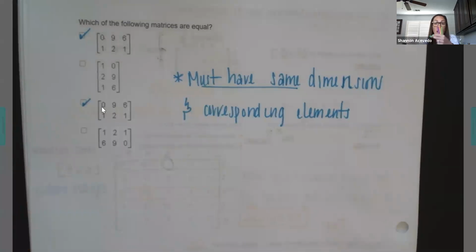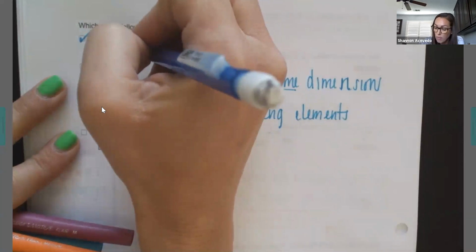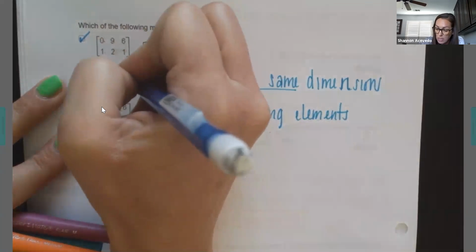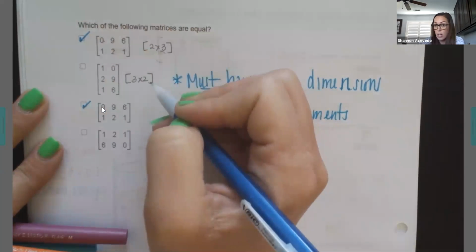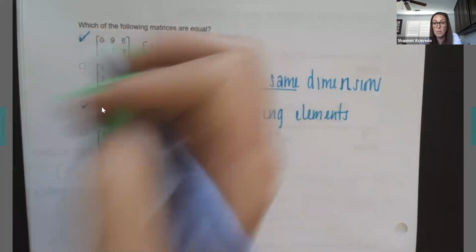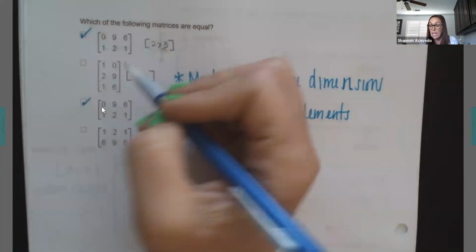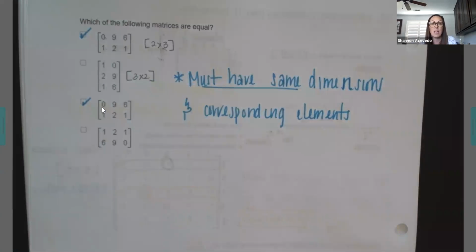Like you can have a matrix that's set up like this, but remember the dimensions of this one's going to be a 2 by 3, and the dimensions of this one is a 3 by 2. So these dimensions are not the same. They have the same values and it's turned, but they're not going to be able to represent the same data. I can have a matrix that looks like this, but it's not going to represent the same set of data. And so they cannot be equal.